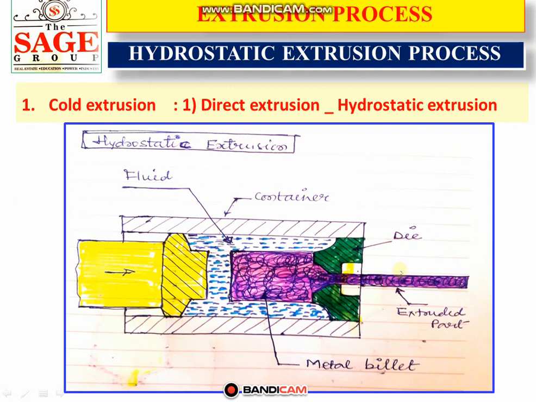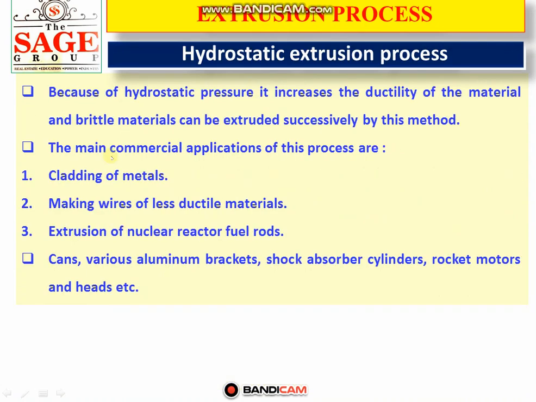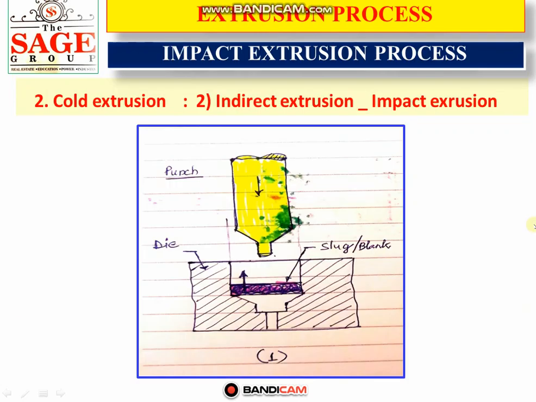Finally this is the extruded part of the required shape as per our requirement. This is known as hydrostatic extrusion. This is the description that we have discussed with the help of the diagram. Applications: cans, various aluminium brackets, shock absorbers, cylinders, rockets, motors and heads are produced by the hydrostatic extrusion process.